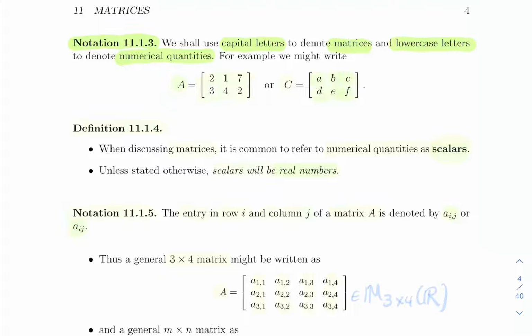So for example, here the capital A for the matrix 2, 1, 7, 3, 4, 2, or the capital C here for the matrix containing the entries a, b, c, d, e, f. You see that for these numbers a, b, c, d, e, f, I'm using lowercase because they're just numerical quantities. So capital letters for matrices, and lowercase letters for numbers, typically.